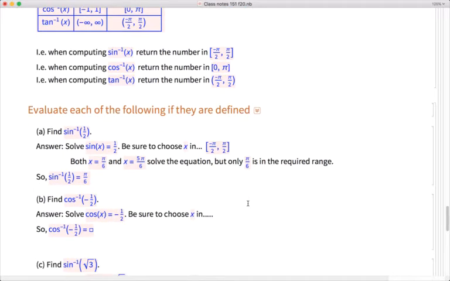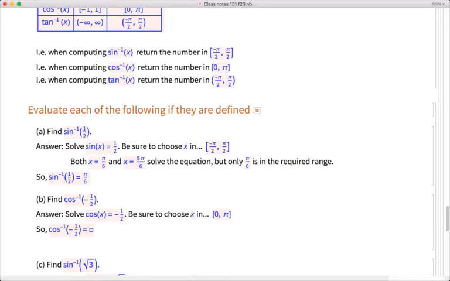Okay, let's find inverse cosine of -1/2. Again, we're looking for a number whose cosine is -1/2, and we want to make sure that the x we choose, if we happen to think of more than one, is in the interval from 0 to pi. So let's see, I think we need to go past pi over 2 so that our terminal point comes out to be in the second quadrant.